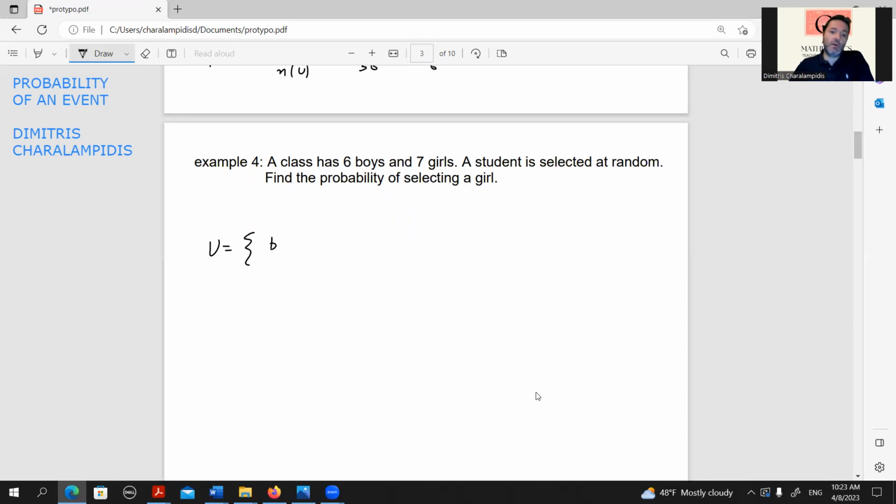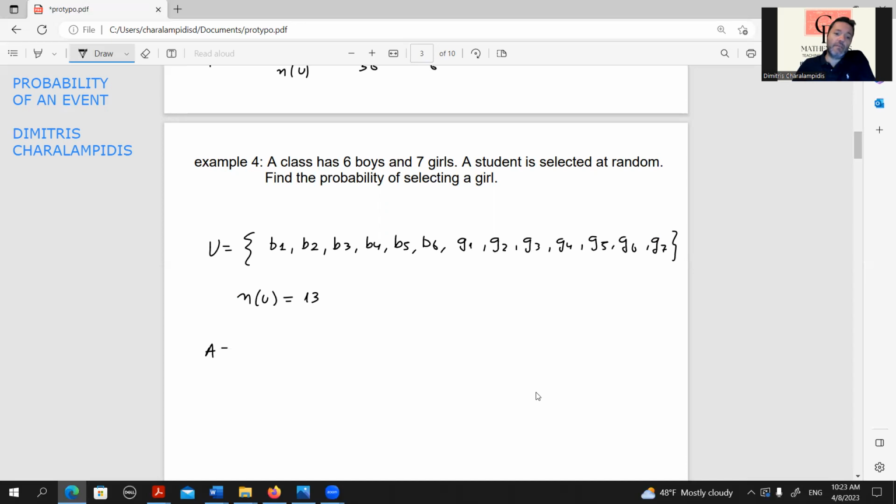So I will notate them as B1, B2, B3, B4, B5, B6, and G1, G2, G3, G4, G5, G6, and G7, which means that in total, there are 13 possible outcomes. The cardinality of the universal set is 13.